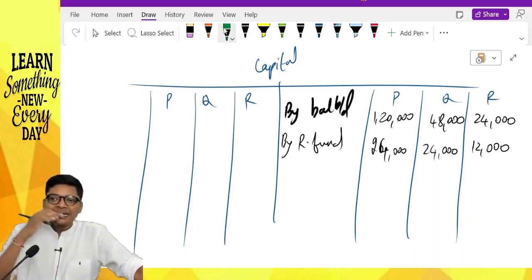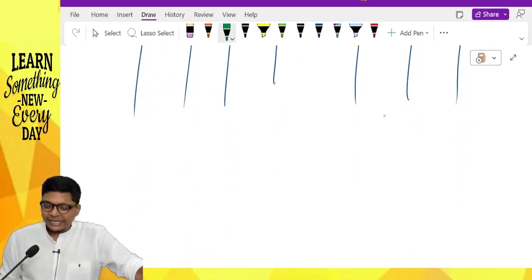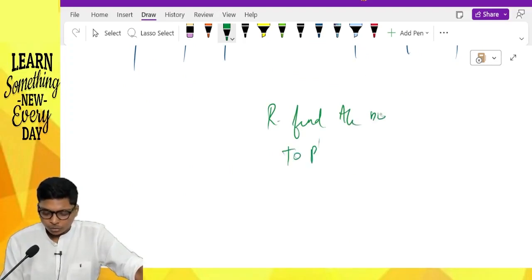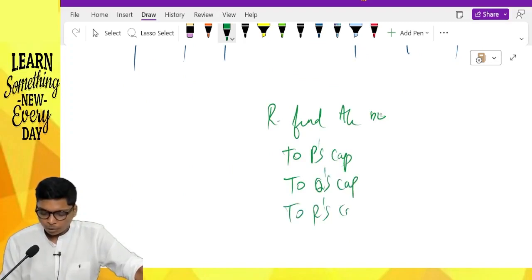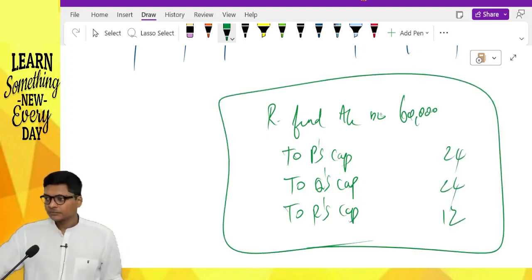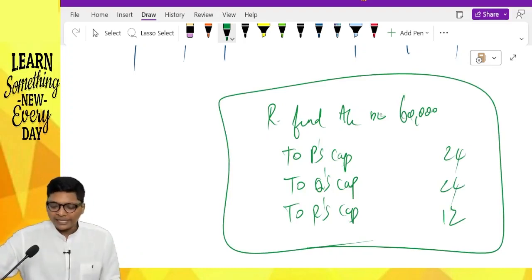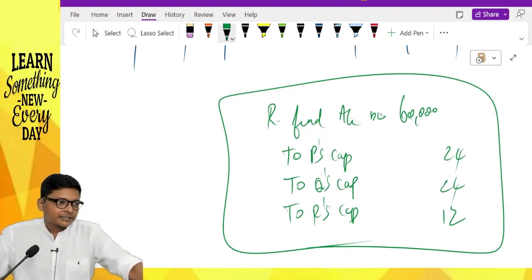Reserve fund account debit to P's capital, Q's capital, R's capital. 60,000, 24, 24, 12. This is my entry. In the sum the entry may not be asked, but if it is asked in the main exam, you should not say you don't know the entry. Transfer entries, clear?